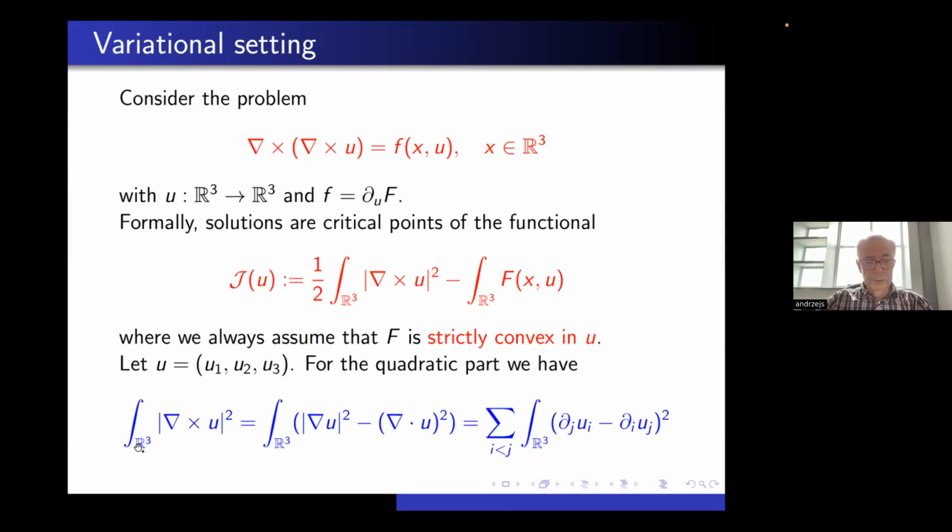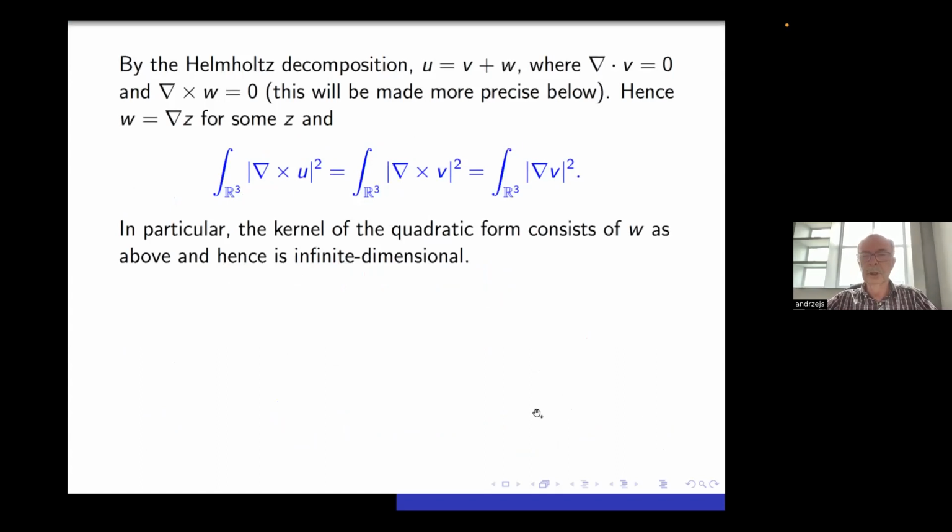So now, for the quadratic part, note that curl u squared can be replaced by this or by that. And here one sees very well that the kernel of curl u is in fact infinite dimensional. Now one has what is called a Helmholtz decomposition. So one has two parts, v, which is divergence free, and w, which is curl free.